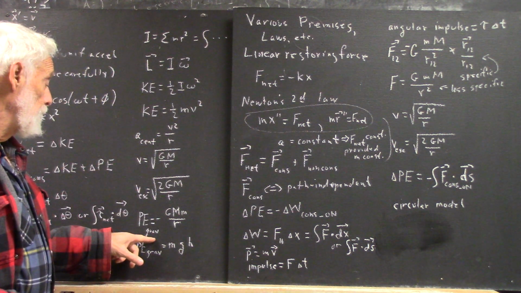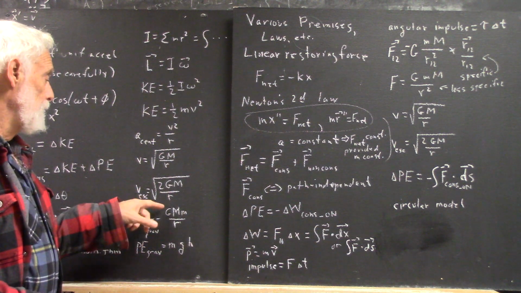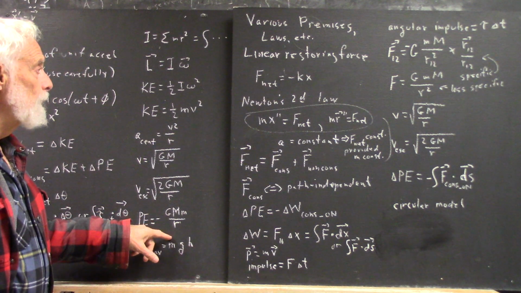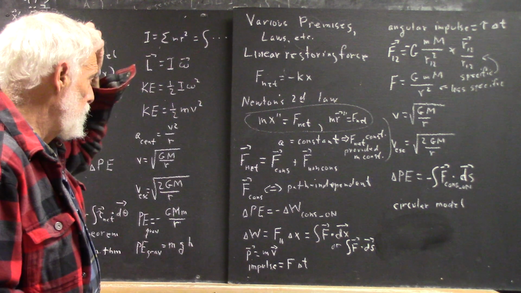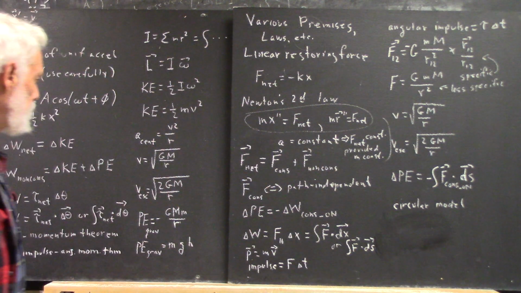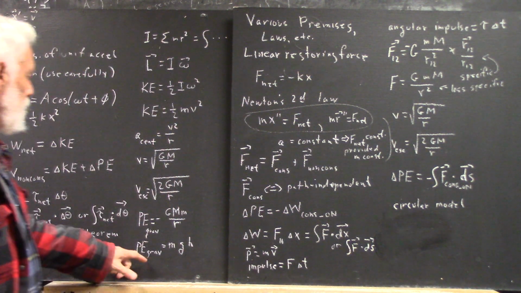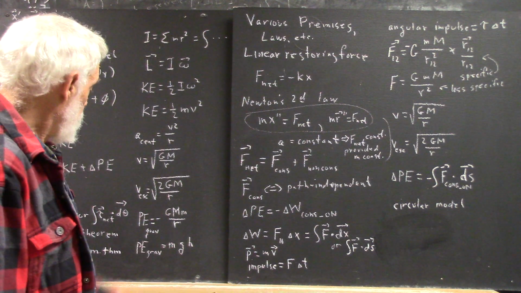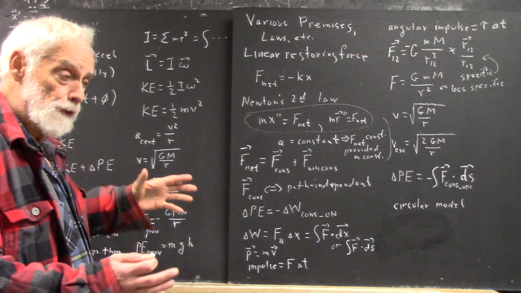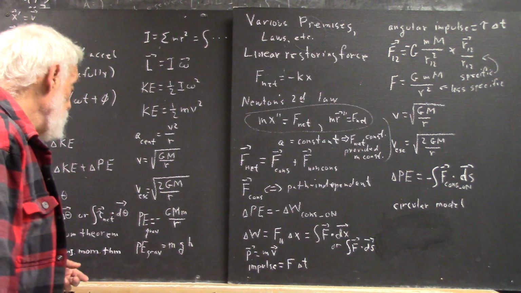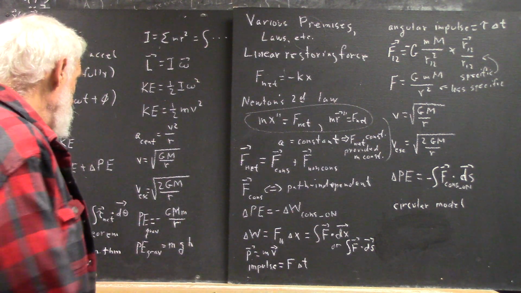Gravitational potential energy is negative big G, big M, little m over r, obtained just as an antiderivative of the gravitational force. You also have gravitational potential energy mgh. Now, you're going to use the former for satellites when they're significantly changing their distance from the planet they're orbiting.